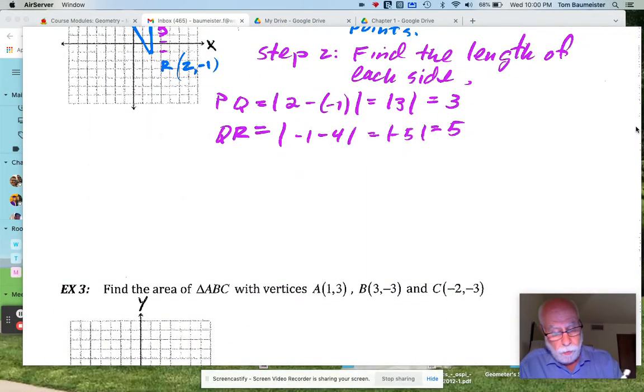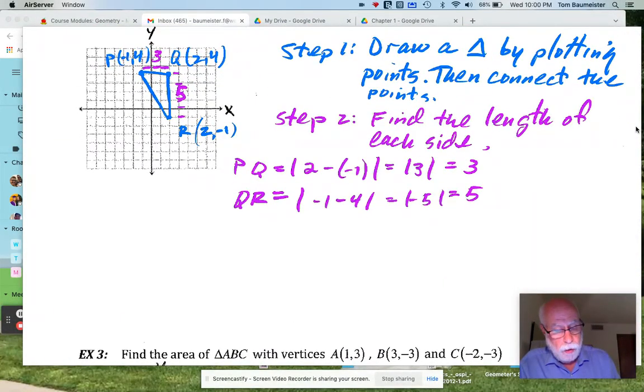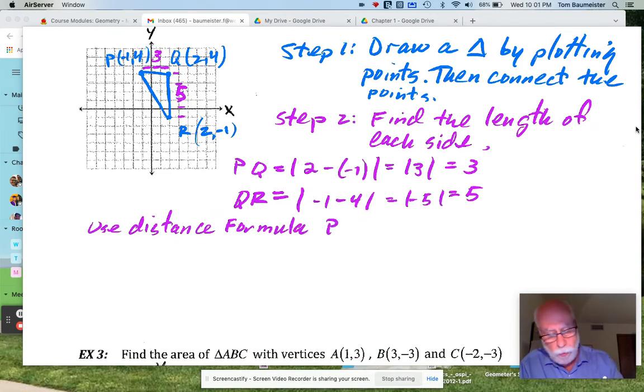Okay, so now remember, to find PR, it's not horizontal or it's vertical, so you're going to have to use the distance formula. All right, and I'll go ahead and just write it down for you again, but remember, we did it an easier way.